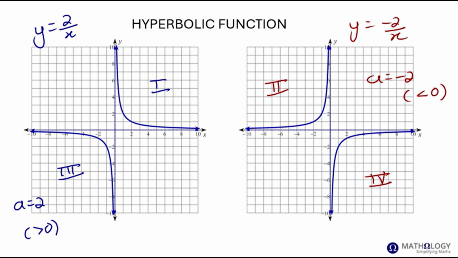If you look at the first function, y equals 2 over x, this arrowhead moves up to positive infinity along the y-axis, and this one moves horizontally very close to the x-axis, but the graph will never cut the y-axis or the x-axis. So the y-axis and the x-axis are, for this function, the asymptotes of the function.